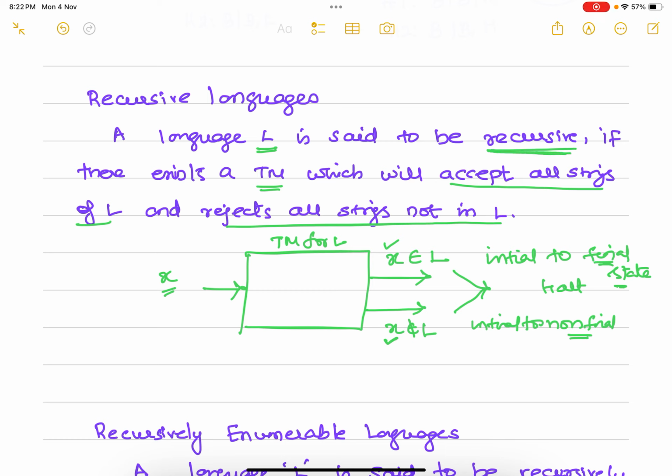So now coming to the definition again. A language L is said to be recursive if there exists a Turing machine which will accept all strings of L and reject all strings that are not in L. Generally speaking, this Turing machine will halt for any type of input.